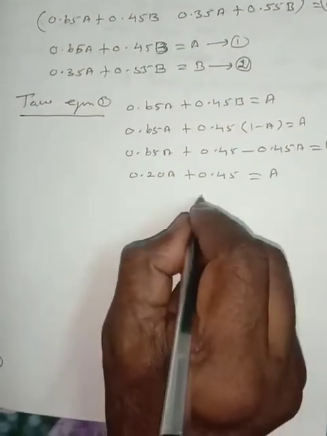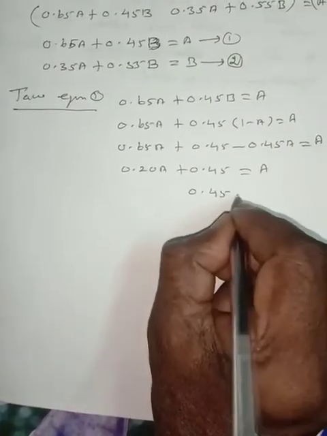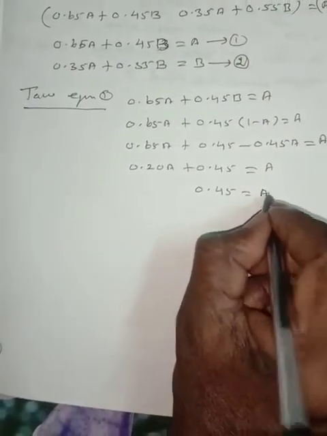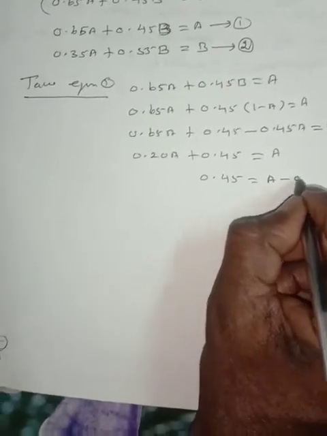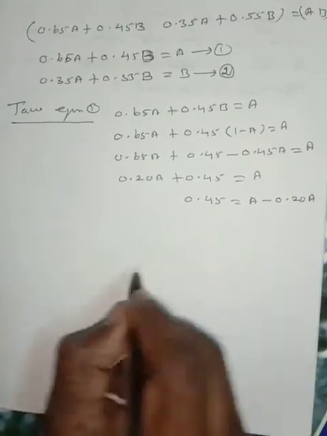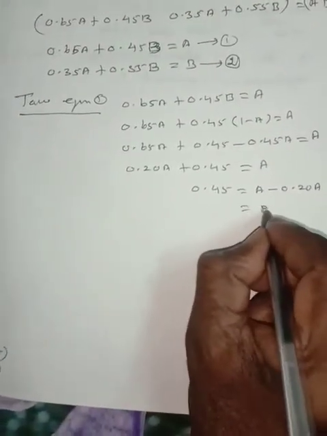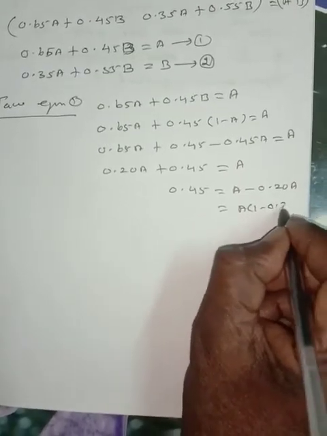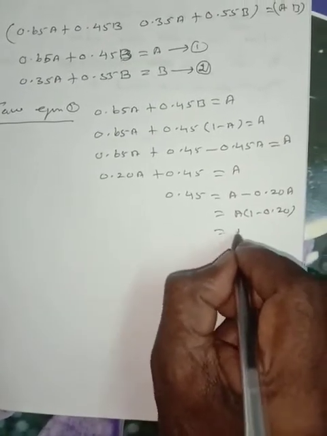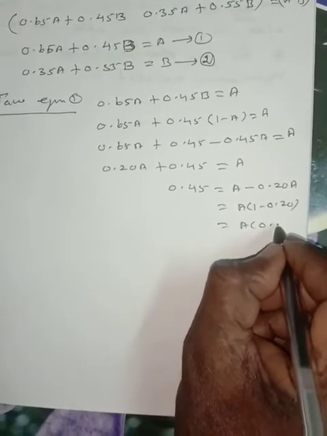Now 0.45 is equal to A means 1A minus 0.20 A is equal to A into 1 minus 0.20, which is equal to A into 0.80.